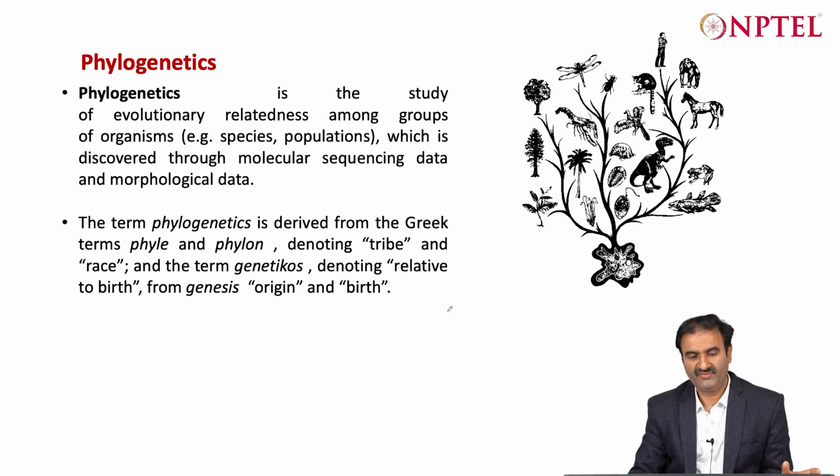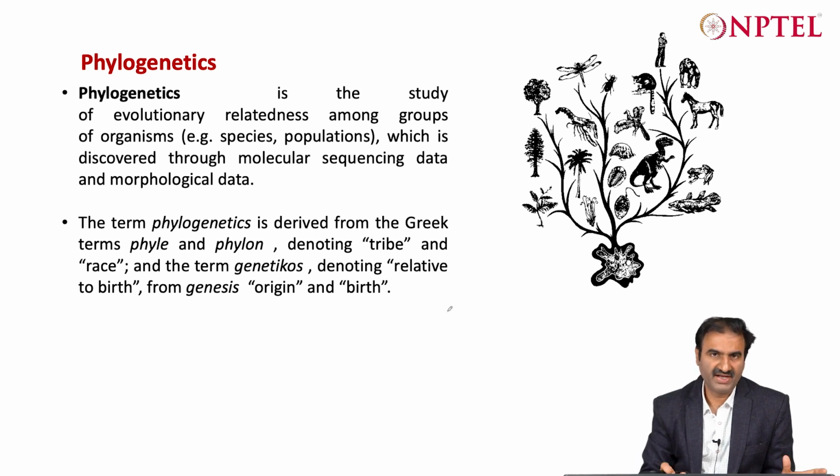So basically phylogenetics is very important here because it is a study that tries to relate the various species around us in the form of a tree using molecular sequencing data. You can also do it by morphological methods, but that may not give the true or correct tree. And even among molecular methods, there are several, some of which can promise a better or more reliable tree than the others.